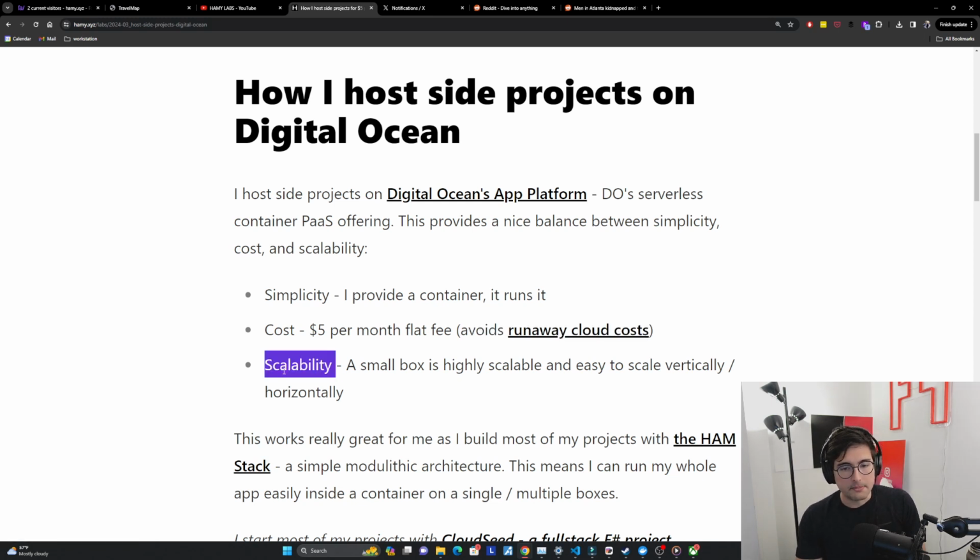The next is scalability. So, these things that you're paying for that run on a small box might feel a bit more traditional than maybe your serverless functions, but typically are more scalable than the quote unquote infinitely scalable serverless functions.